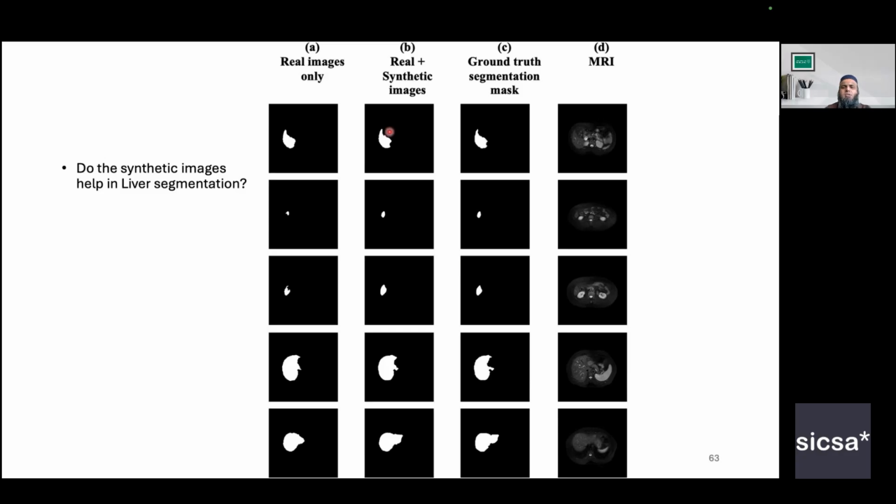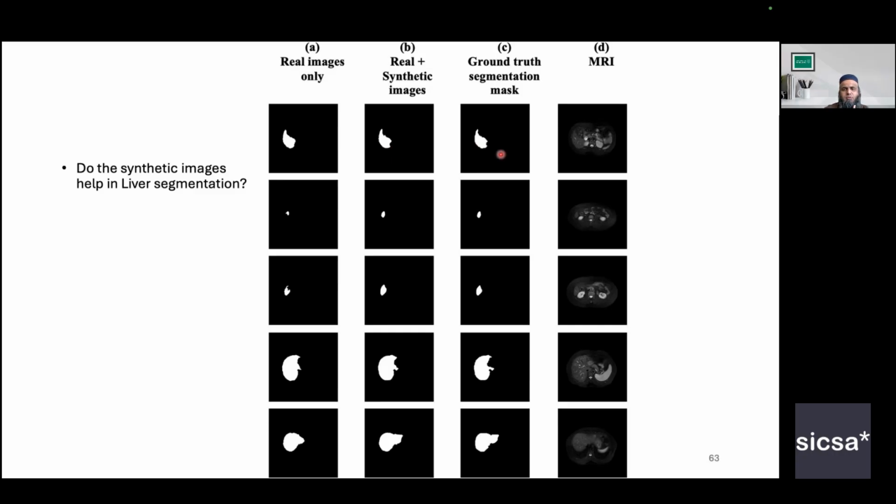Here we see some performance for real images only. When the model is trained with real images only, we see the output on the left side, the first column of this figure. Compare it with the third column that contains the ground truth. Once we train the model with the real plus synthetic data, we can clearly see that the segmentation is now much closer to the ground truth.